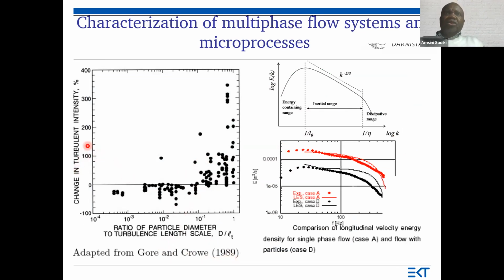We have the change in turbulence intensity here, and here we have this ratio that we had, so this is the inverse of what you had. This means that at this position we have diminution of the turbulent intensity, and from here to large values, we have augmentation of the turbulent intensity. It is exactly what we obtained.